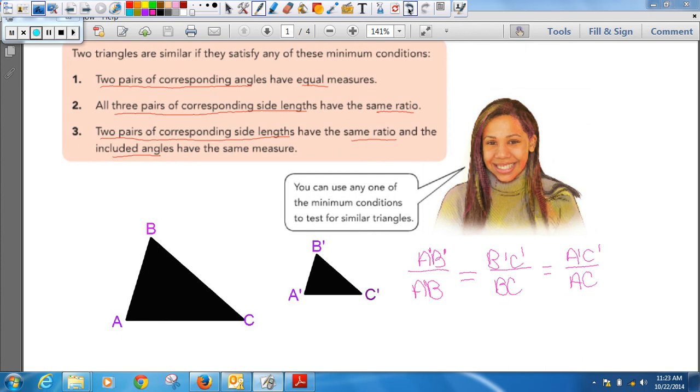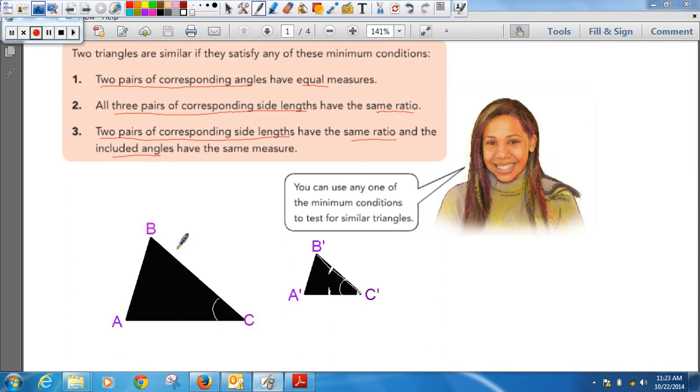The last thing then is if 2 pairs of corresponding lengths have the same ratio and the included angle is congruent. So let's say that we want to use angle C. We know that angle C is congruent to C prime. My two sides then that make that included angle would be B prime C prime and A prime C prime, because if I connect those, they meet at the vertex C prime.